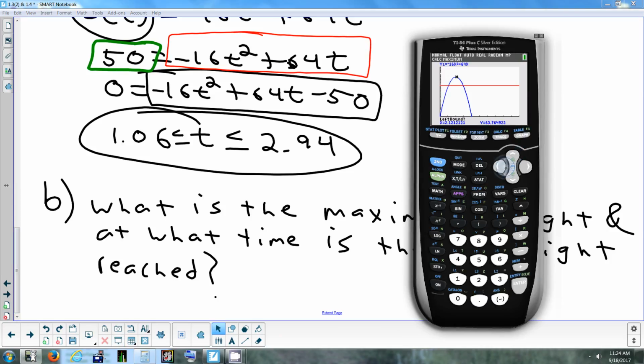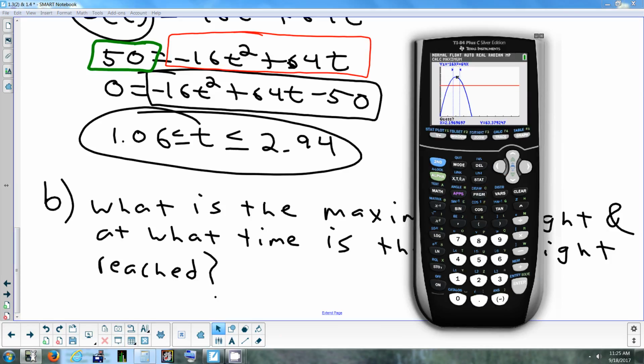So you start by picking a point that you know is somewhere to the left of the maximum. You hit enter. Okay, pick a point that you know is to the right. And now what you've just done is you've told the calculator to look between those two lines. The guess, again, it doesn't really matter.